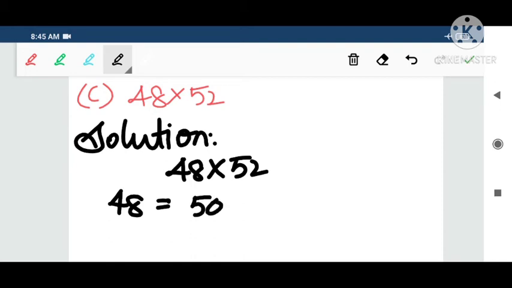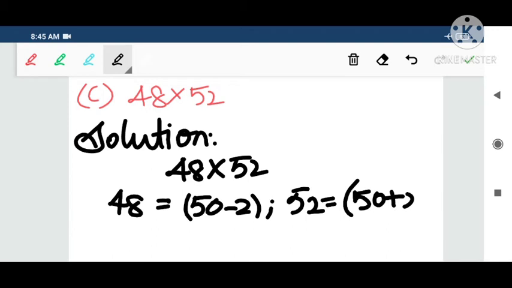How much less? 2 less than 50. So 48 can be written as 50 minus 2. As well as 52 is greater than 50 by 2, so it is equal to 50 plus 2. Now instead of 48 I write 50 minus 2, and instead of 52 I write 50 plus 2.